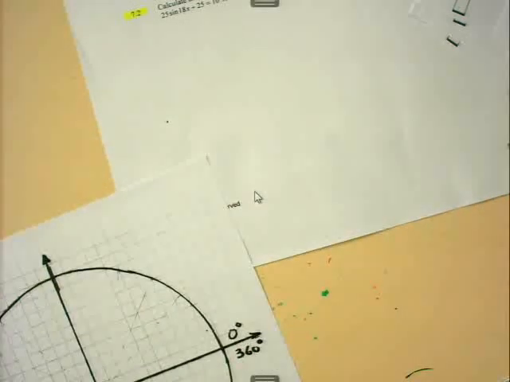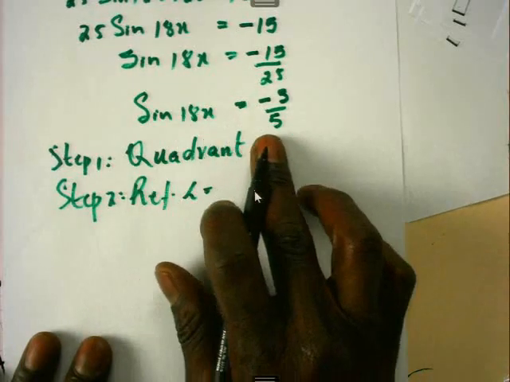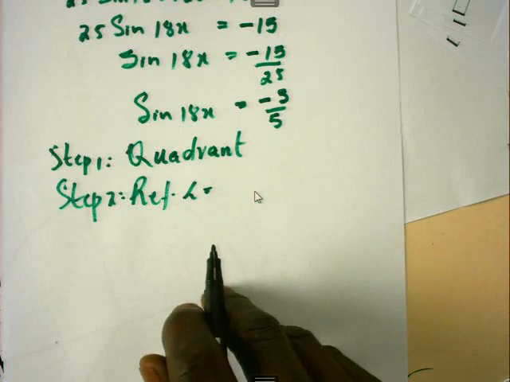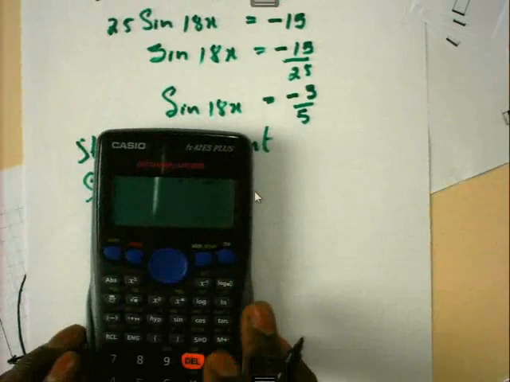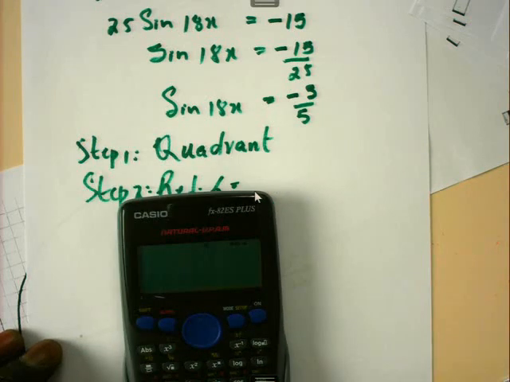Now, our problem is sine 18x equals negative 3 over 5. So we take our calculator. In this case, we cannot be so intelligent. We need to take our calculator and press arcsine of, okay, here is a fraction on my Casio.